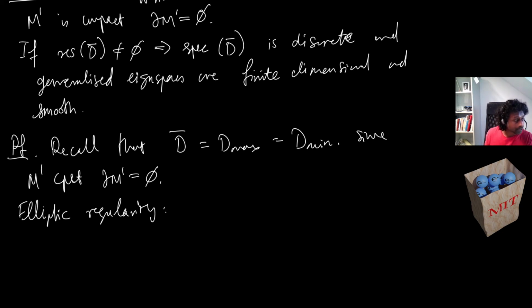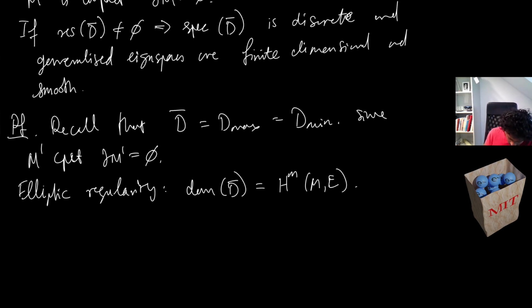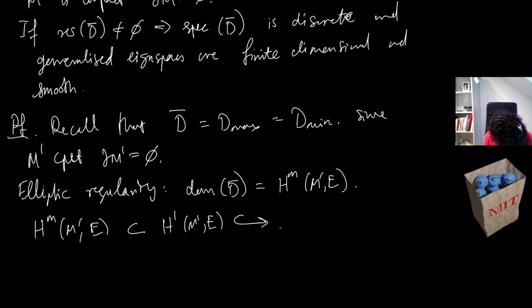Okay, so elliptic regularity gives us the domain of this operator, right? So it tells us that this is precisely HM, M prime E. So what do we have? We have HM of M prime E. This is certainly a subspace of H1 of M prime E, and this embeds compactly into L2, right?